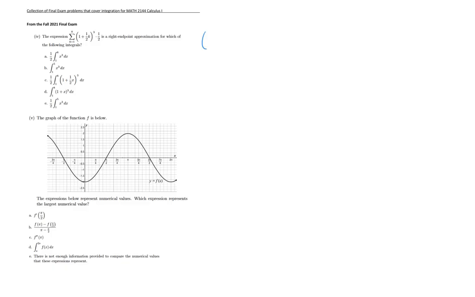So I'll have 1 plus a half, so 1.5 cubed times a half, plus, for the next one, 1 plus 2 over 2, so that'll be 1 plus 1, which is 2 cubed, times a half, plus dot, dot, dot, and the last one will be, if I plug in 8, 1 plus 1 half times 8, so that'll be 1 plus 4, so that'll be 5. 5 cubed times 1 half.